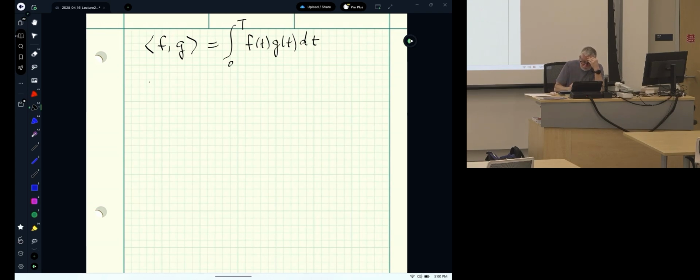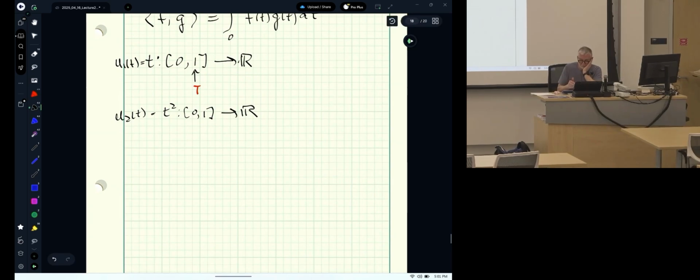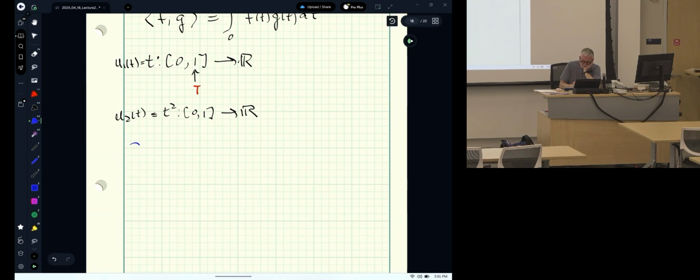And I'm giving us two functions. The first one is u1 of t equals t, and we'll assume capital T is 1. That's a function. And then we'll have u2 of t is t squared. Okay. So what's the first step of Gram-Schmidt if you want to create orthonormal vectors?